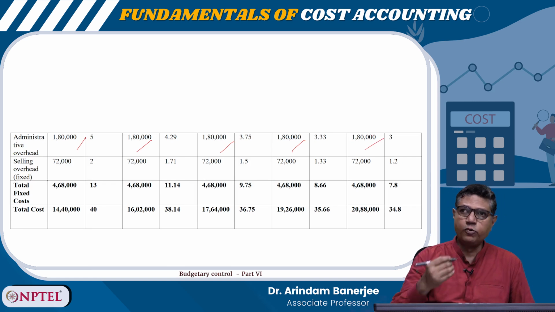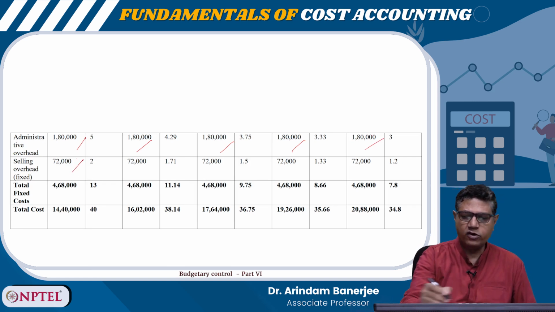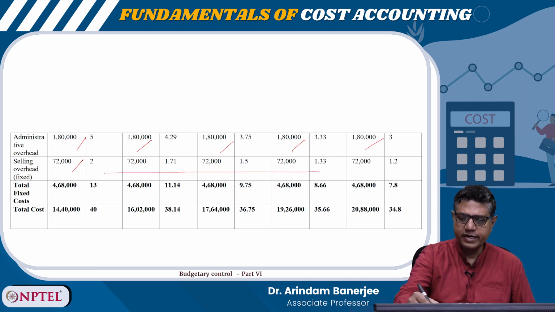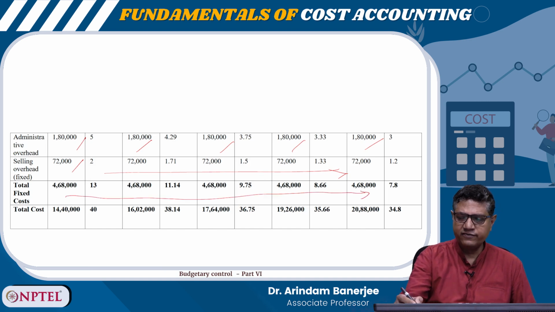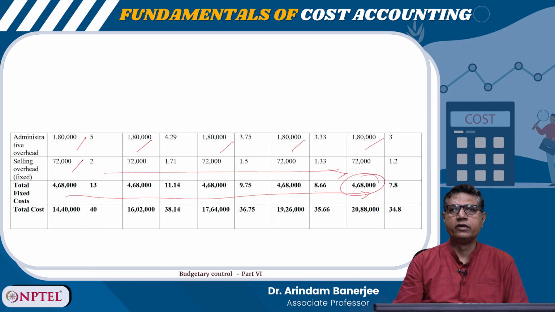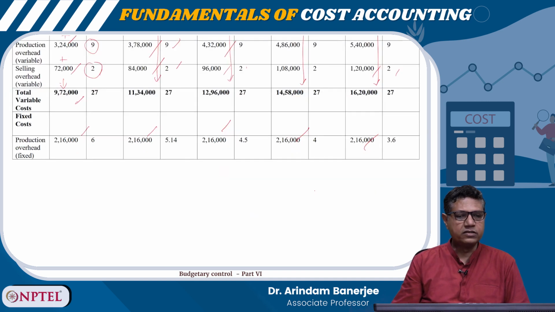Selling overhead, the fixed portion, it will be 72,000 for all capacity levels, right. And if I add, the total fixed cost will also remain same at all capacity levels, that is 4,68,000.